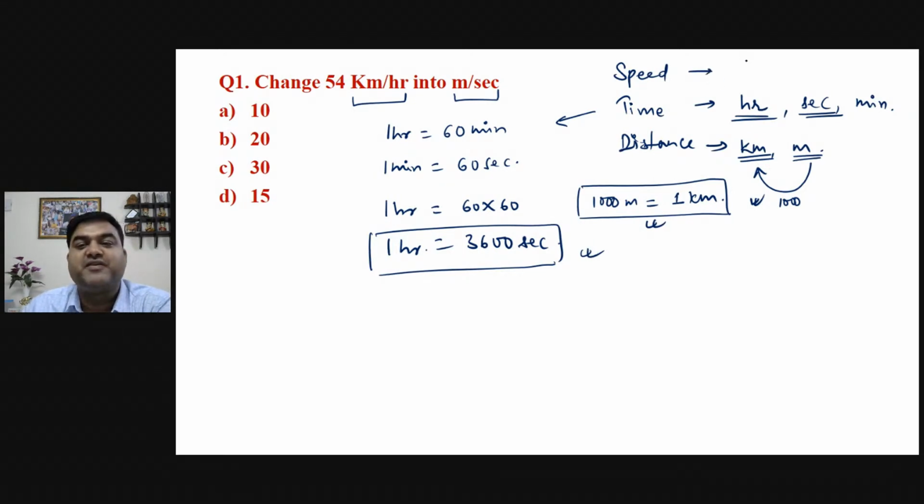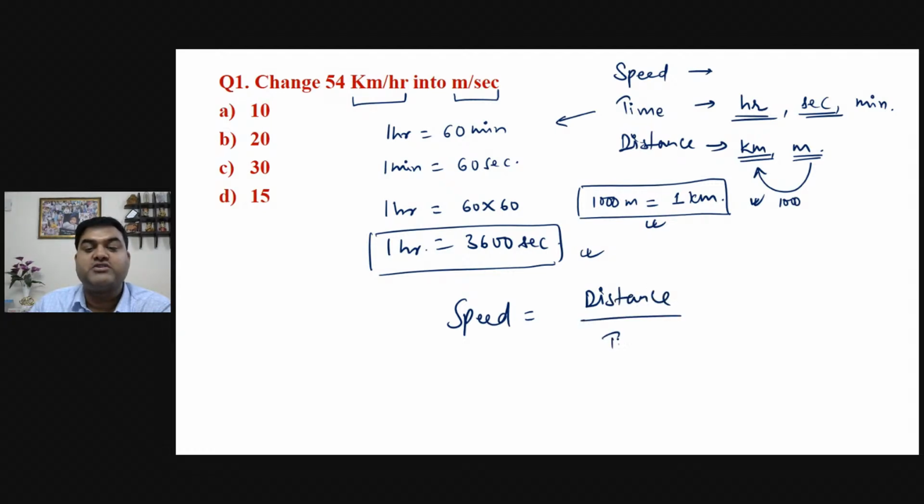Now speed. What is speed? Speed is equal to distance divided by time. How much distance you travel within a given period of time, that is what speed is. As it is distance by time, distance has kilometer, so it can be given as kilometer per hour, or suppose this is meter and this is second, so meter per second.